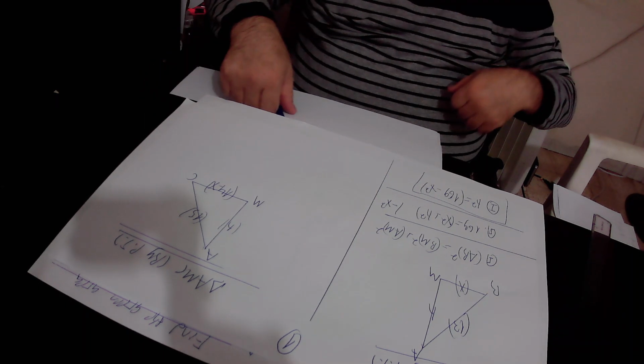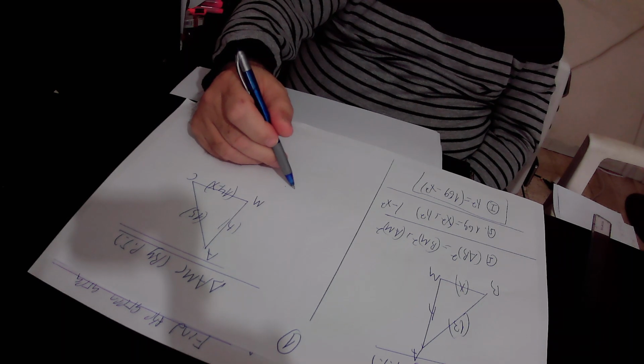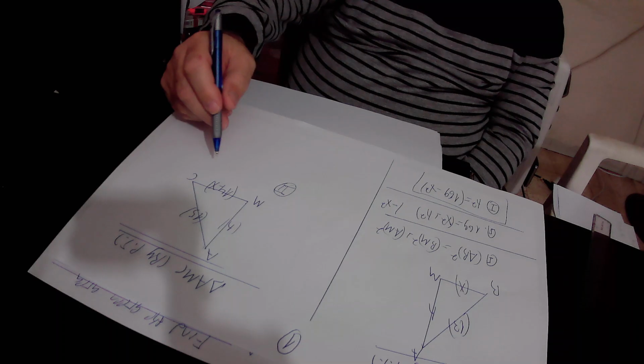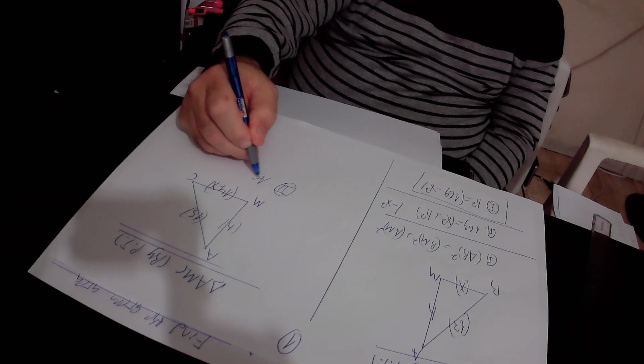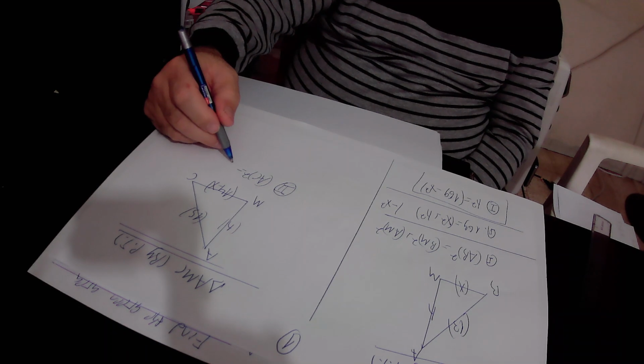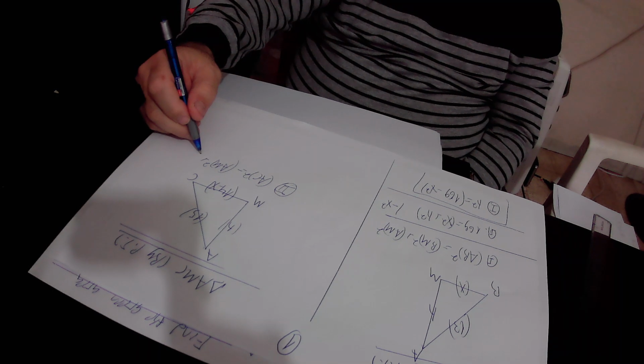So according to the Pythagoras theorem, in this right triangle AMC, AC squared equals AM squared plus MC squared.